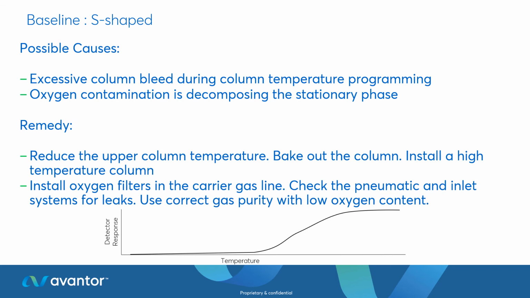We could look to bake the column out, and the way we'd bake the column out is typically by either running at the maximum temperature of the column for about half an hour to an hour to remove any residual stationary phase, or if we're not running near the higher end of the operating conditions of the stationary phase, look at operating 10 or 20 degrees above the maximum operating oven temperature, again for the same sort of duration. Installing oxygen filters can also help, and making sure that there are no leaks on the system as well.